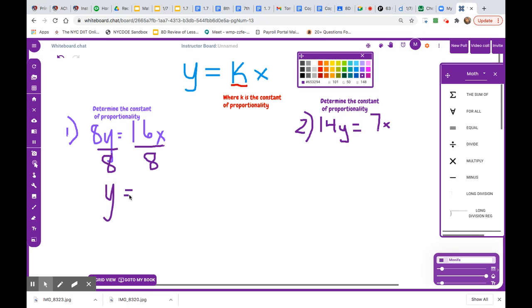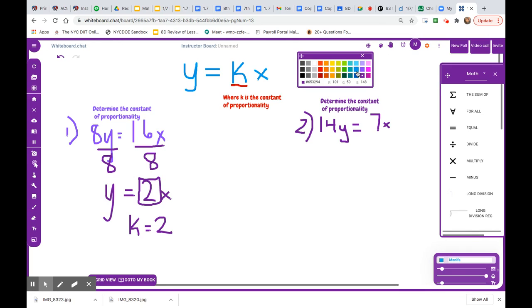And on the other side, I have 16x divided by 8. So 16 divided by 8 gives me 2x. So my constant of proportionality is not 16, but 2. So k is equal to 2.